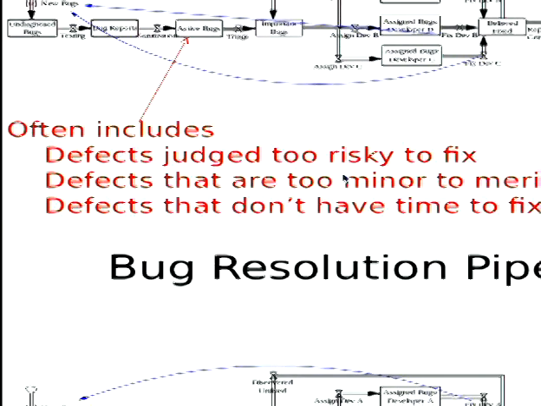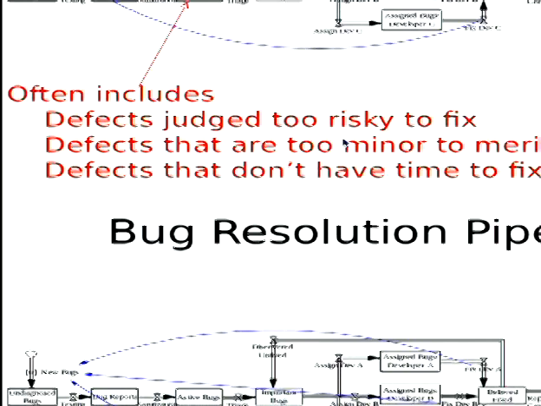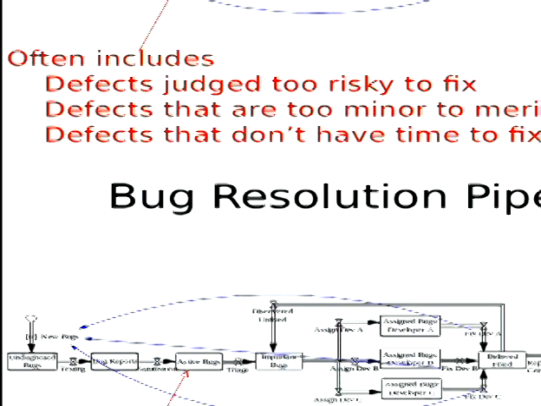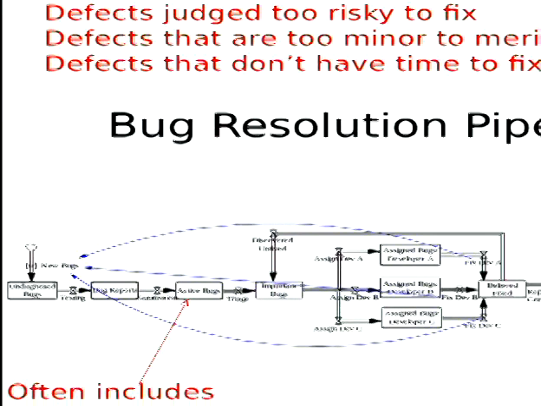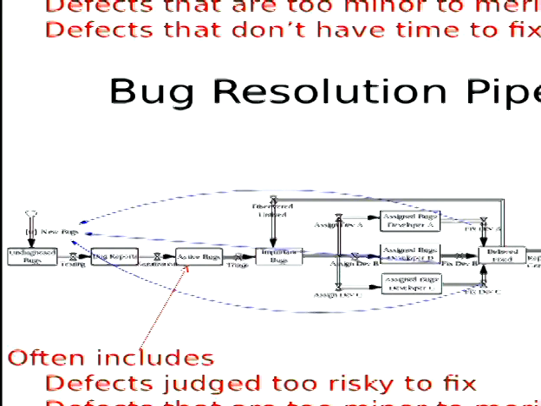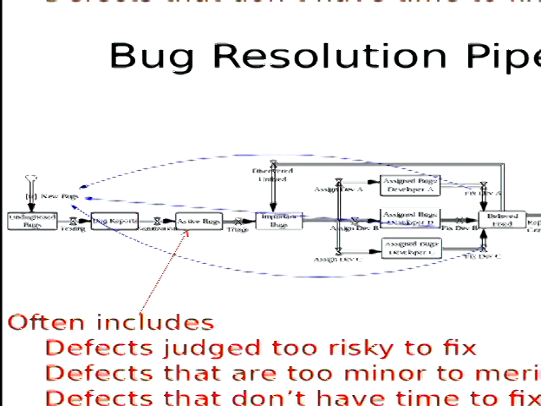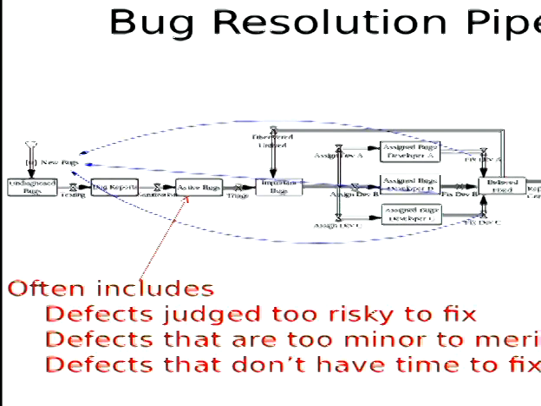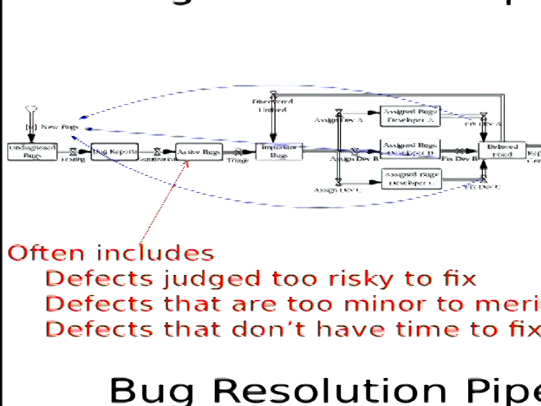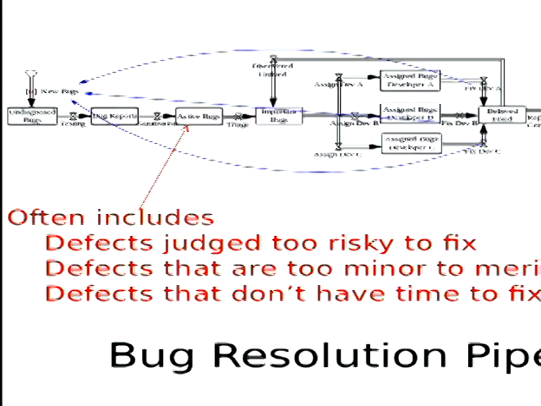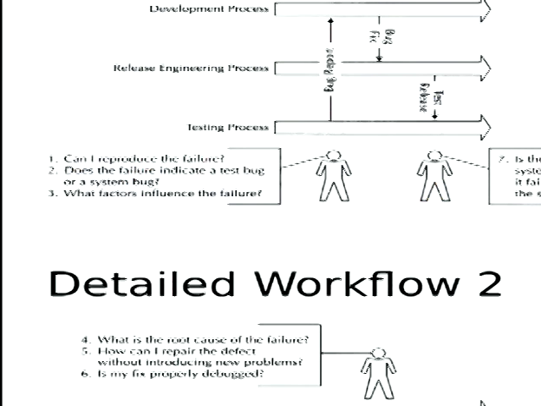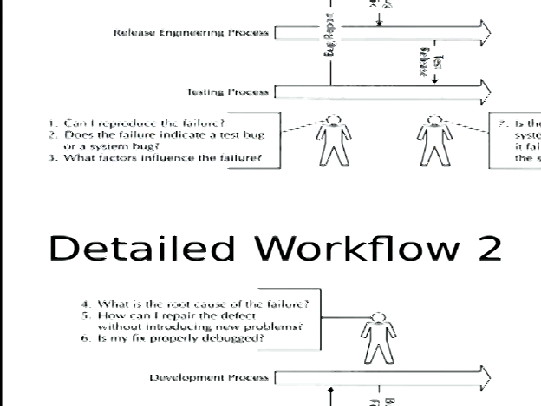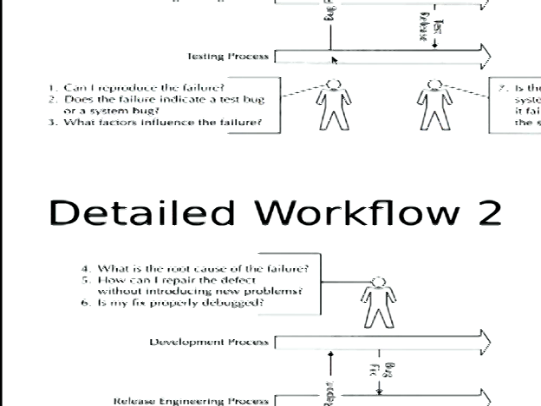We'll leave it there, and we will work forward, and we'll document it. And that's what I'll be looking for in your documentation. I don't expect your system to be bug-free, but I sure want to see documentation of the defects that are in there. It may include some defects that are too minor to merit the cost to fix, or the defects you just don't have time to fix realistically. You punt them down the road till the next time.